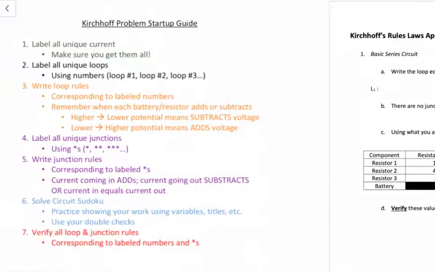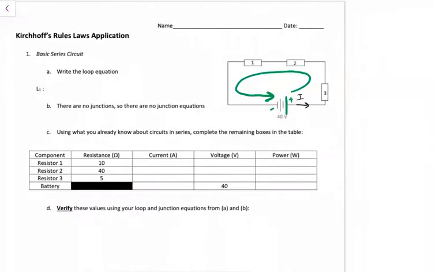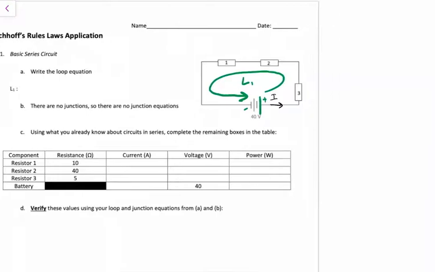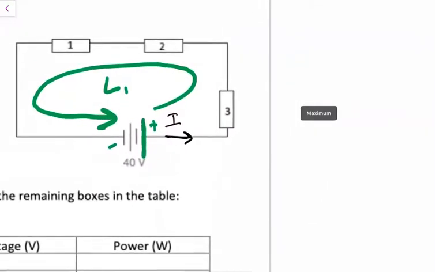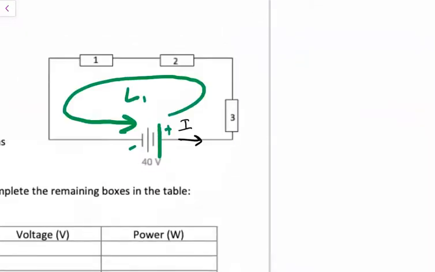You'll see why that's useful when I write down my loop equations. Let's call this loop 1. There's only one loop, but that's what it's called. And I'm going to use my rules to understand how I'm gaining or losing voltage. I'm passing across a resistor here, and another here, and another here.